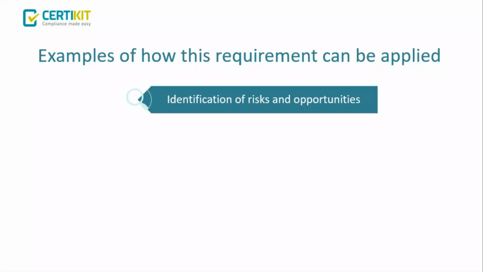Now, every interested party will have risks, as will every issue, but not every interested party or issue will have opportunities. But you need to be able to identify both against each. So for each individual interested party, you'd look at them and say, right, what are the threats? What are the risks if we don't fulfill their requirements from 4.1? Or what are those opportunities that we could exploit from fulfilling those requirements?